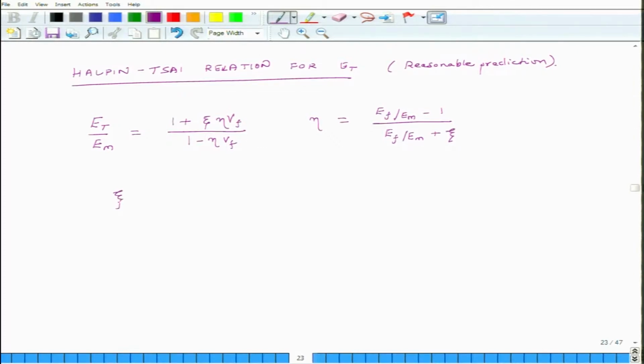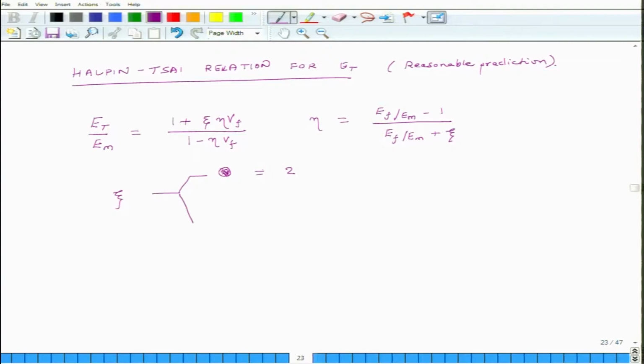So, zeta depends. If you have circular fibers which have circular cross section, then it is equal to 2.